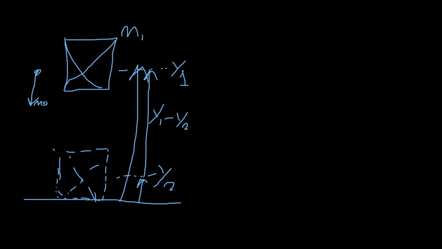And this force that we're looking at is in the direction of displacement, which kind of makes our problem a little bit easier. So we're going to find that the work that this crate is doing is equal to force times displacement. So we know our displacement, that's y1 minus y2.